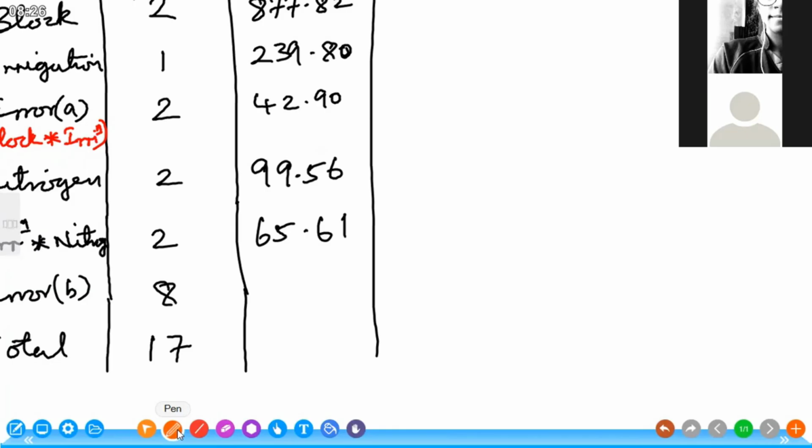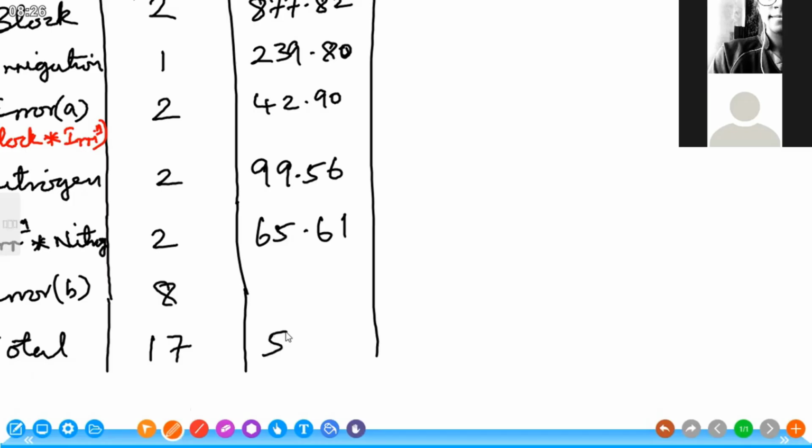This is from SAS. Anyone getting a different value? I'm getting a value because I'm looking at the book. I didn't try.